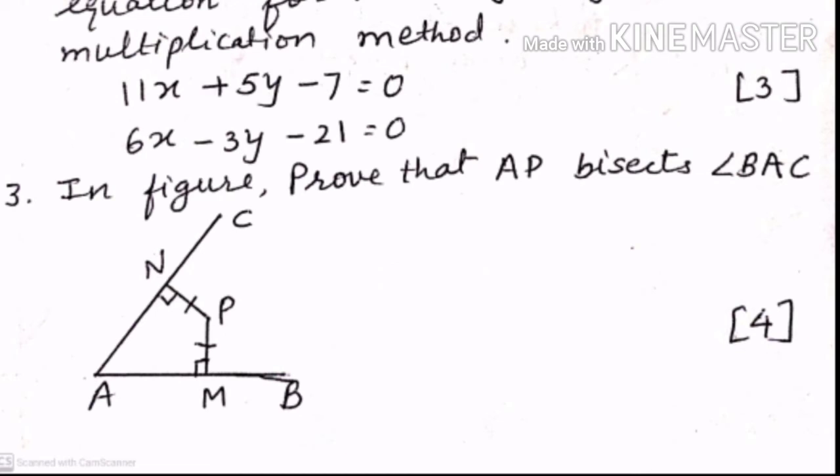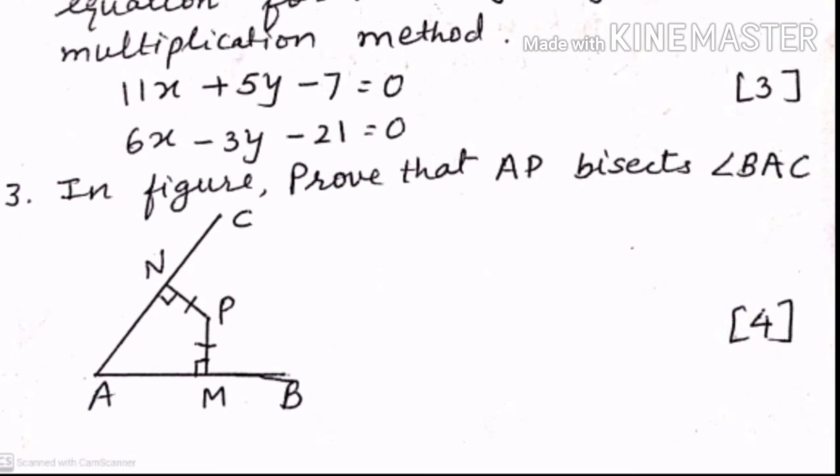And you have to first join AP, students, that is the construction part, to show this, and that it bisects BAC, that you have to write down. Accordingly the proof you have to show, how you will show the triangles congruent, and then that AP is bisecting angle BAC, means what you have to prove, that you have to understand and write by yourself.